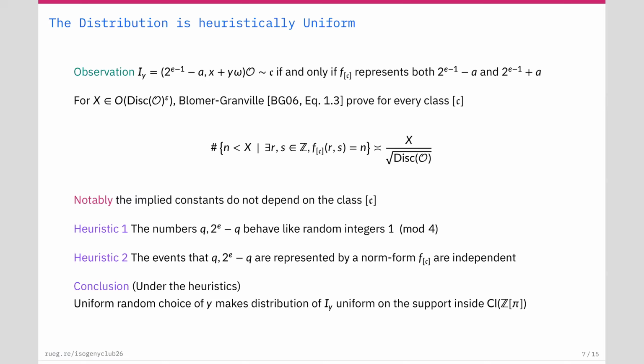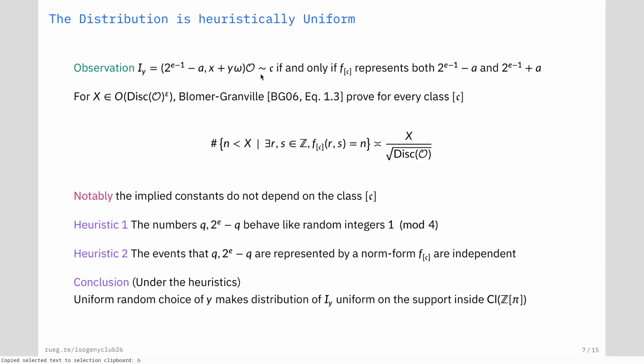So the first observation is that if I have an ideal coming from our sampling algorithm, namely an ideal coming from this x, y, and a norm equation solution, this ideal will represent a class C if and only if the norm form of that class represents both 2^(e-1) - a and 2^(e-1) + a.